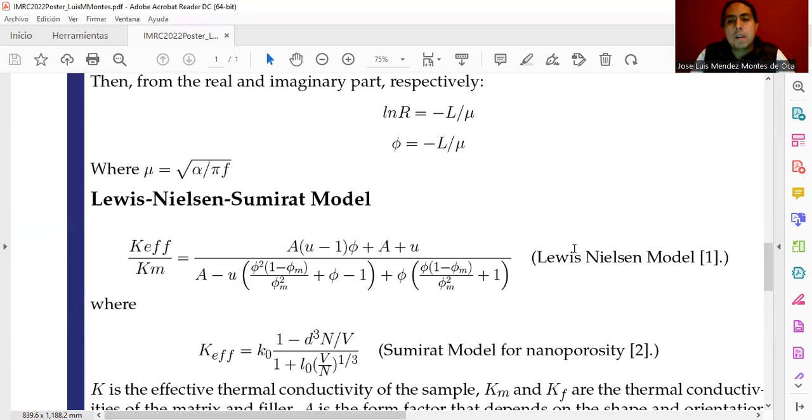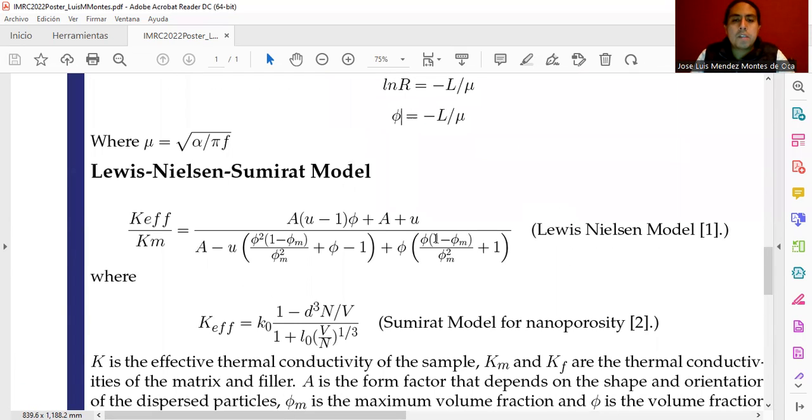Then we use the Lewis-Nielsen mathematical model, which is designed to explain and predict the behavior of liquids with a solid filler, with some nanoparticle or some particle in a liquid matrix.